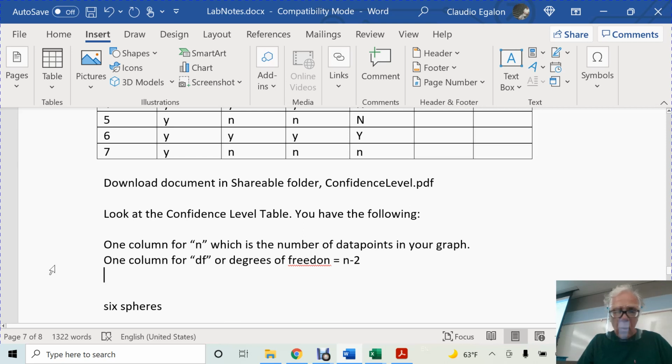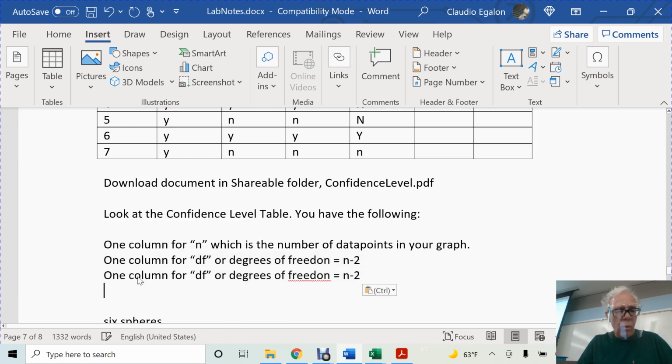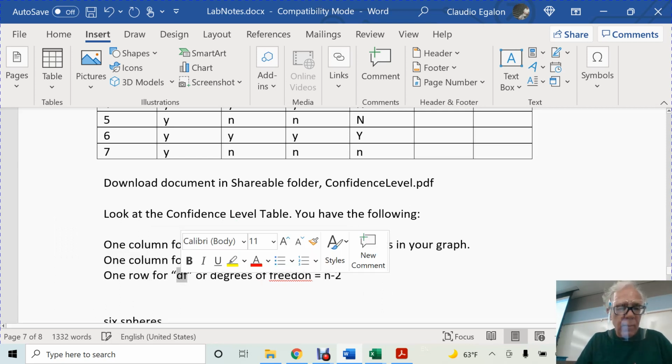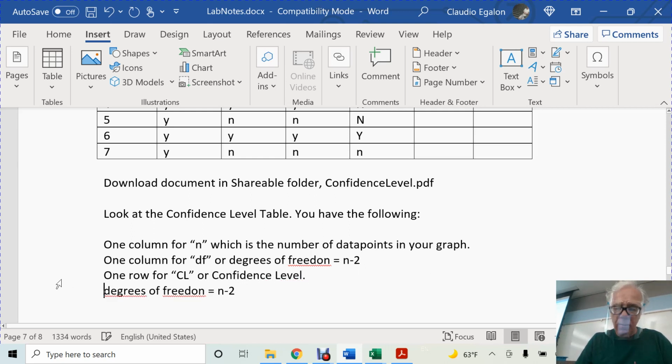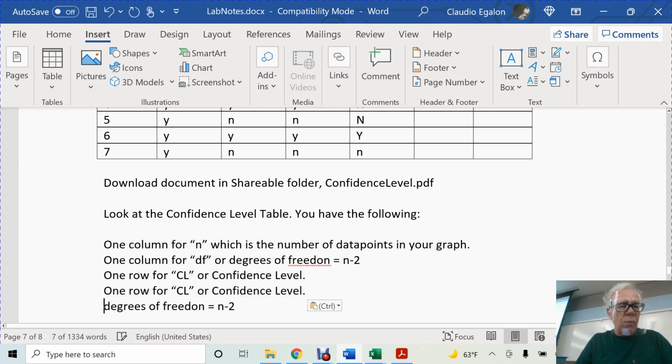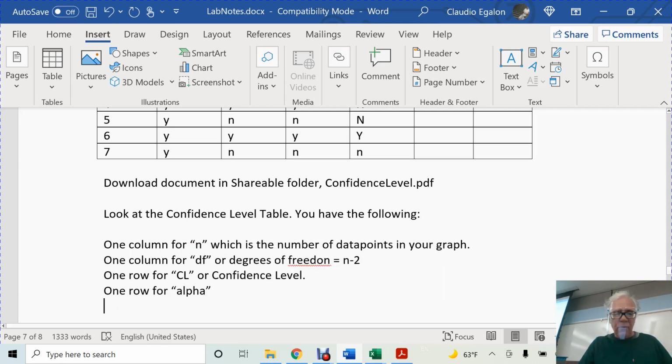One row for CL, and CL, by the way, stands for confidence level. One row for alpha. There's a name for alpha, but I'm not going to tell you what it is because I don't remember the name for alpha. Okay, and what else?